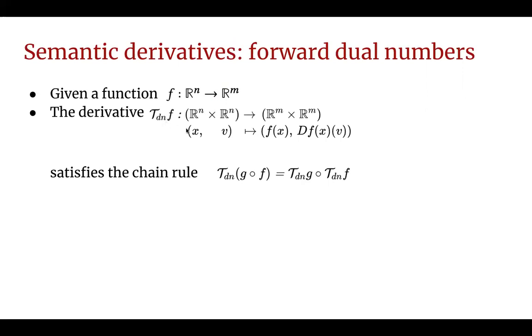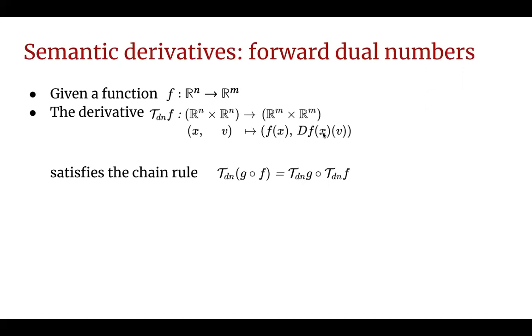It takes an x that's a value in Rn and a v that we think of as a tangent vector at the point x to Rn, and it sends them to f applied to x, comma, the derivative of f at x applied to the tangent vector v.